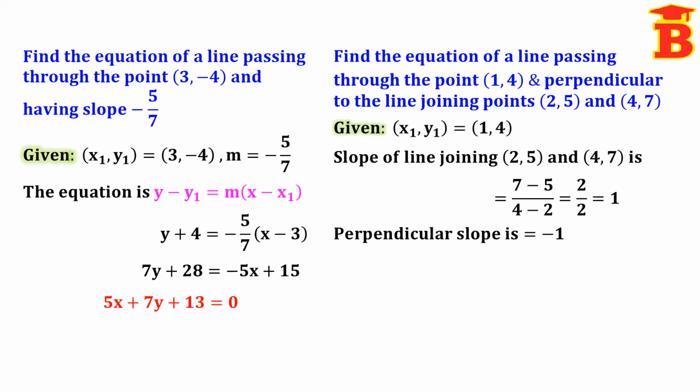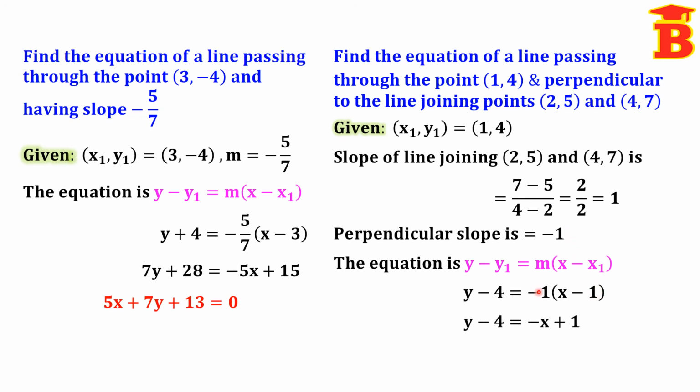So we use the slope point formula, that is y - y1 = m(x - x1). Now substitute the values. y - y1 is 4, equal to m value -1 into x - x1, 1.